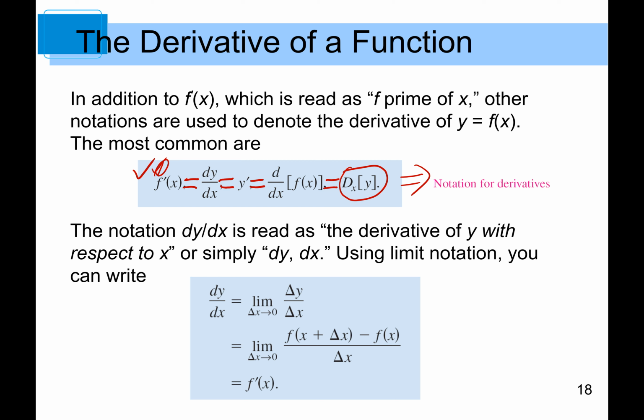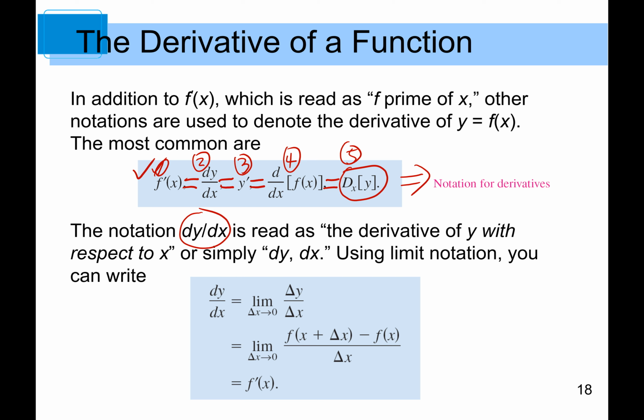This one, this one, this one, this one, this one: five different ways of writing derivative. The notation dy over dx is read as derivative of y with respect to x.